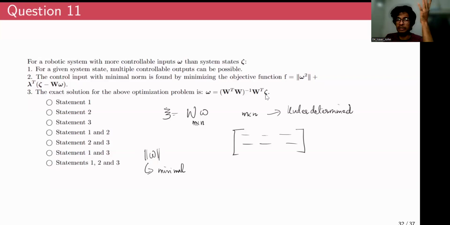And out of all the solutions, why are you selecting a solution with minimal norm? The reason is that the square of the norm, this omega square, usually corresponds to the energy of an actuator, or the energy of the vector of actuators.